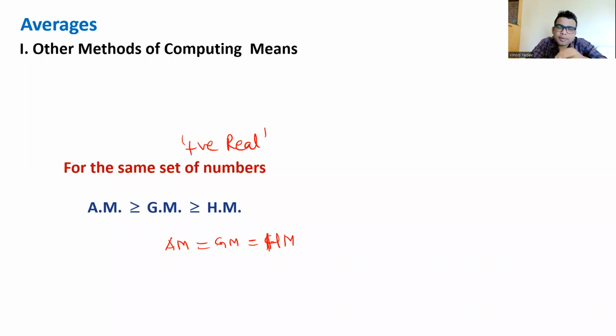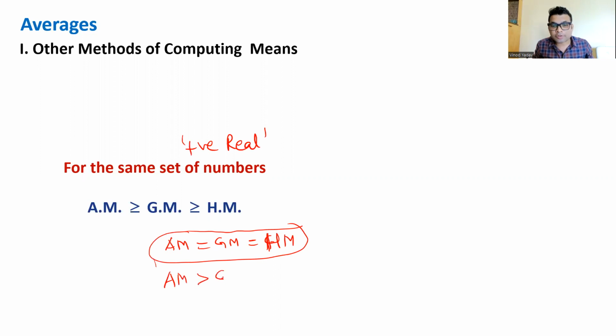Remember the main aim behind finding an average: if the numbers are different, we try to make them the same by using these three approaches, AM, GM, HM. When the numbers themselves are equal, why will I try to make them equal? Of course. So if the numbers are the same, you find their AM, GM, HM, and you will find that all of them will be the same. For different numbers, we have this strict inequality.